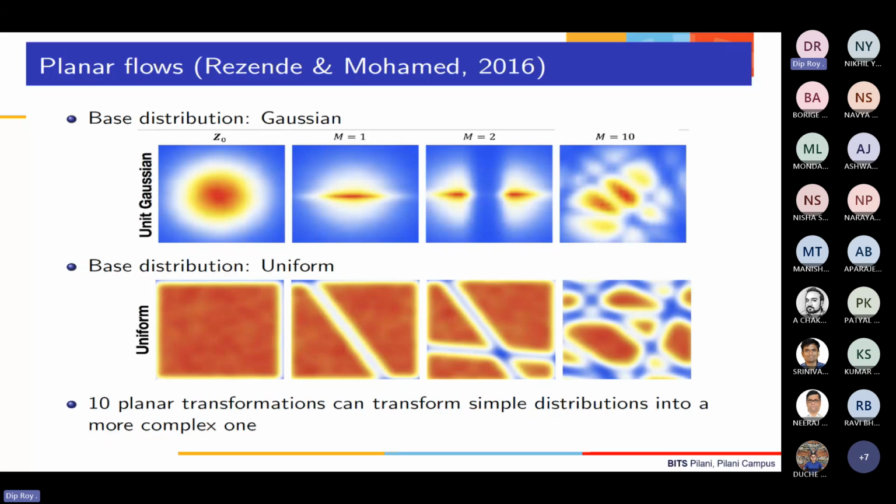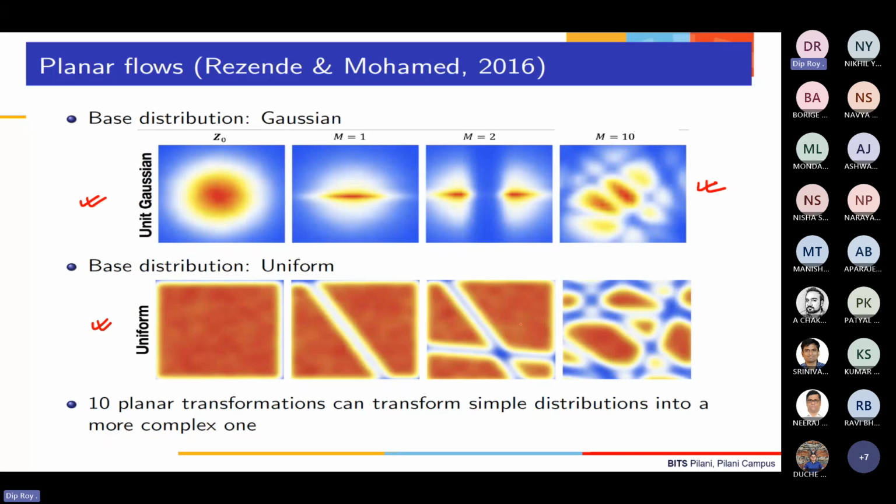So see this particular thing: we start with a unit Gaussian Z0, and then we apply one transformation and it becomes a little bit more complex. And then as we make multiple transformations, this really becomes a complex structure, which is what we want. Similarly, we can do the same thing for a uniform distribution.